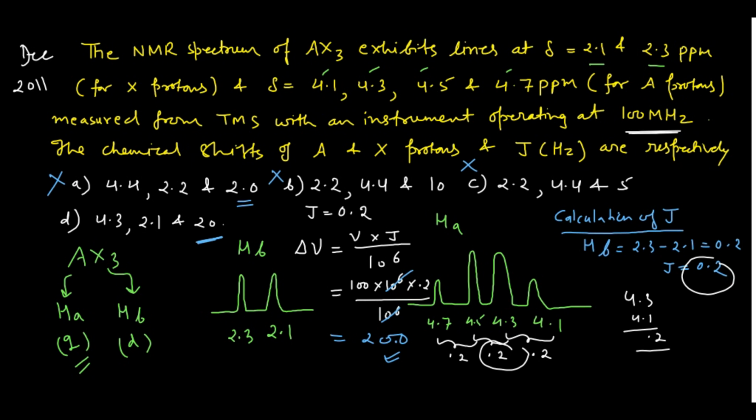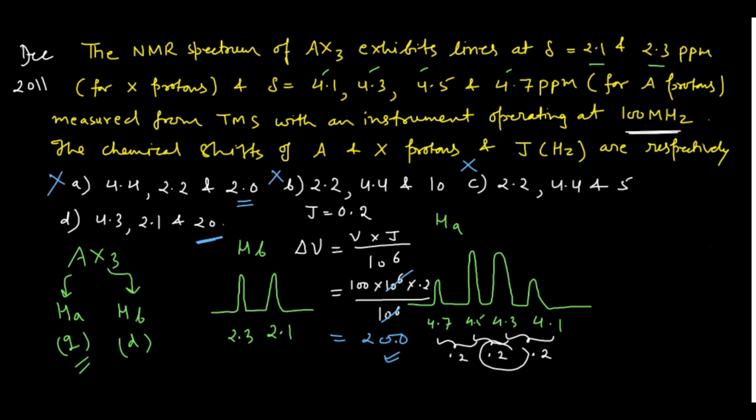And the chemical shift, now it is quite easy. How can we calculate the chemical shift? Chemical shift is very easy to calculate. For a doublet, you can check here 2.1 and 2.3.